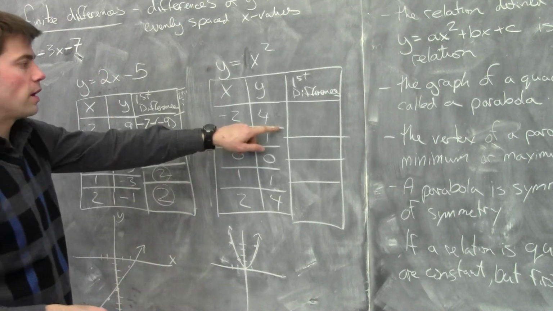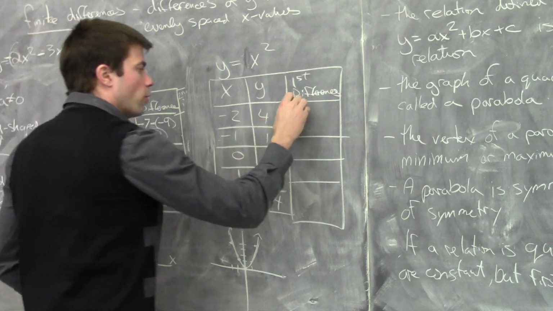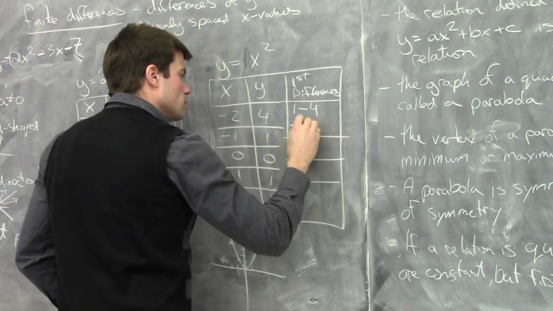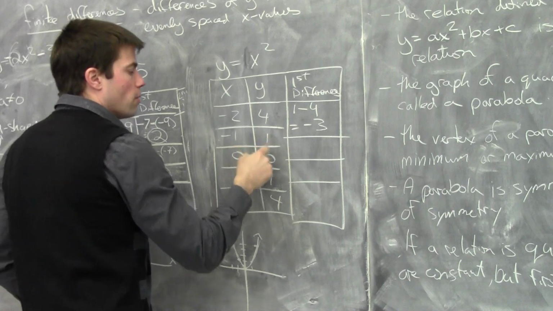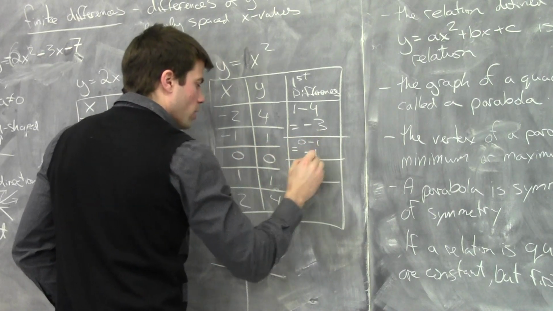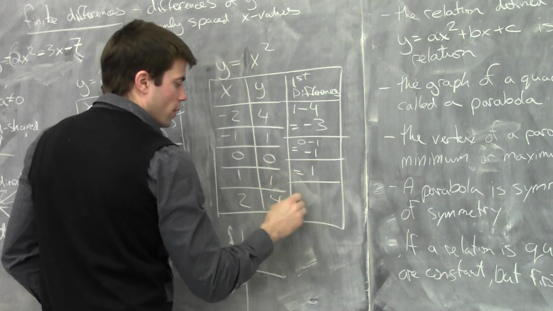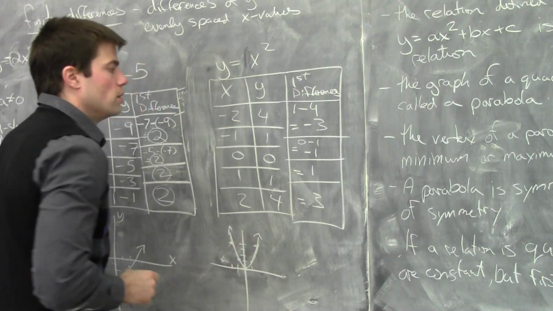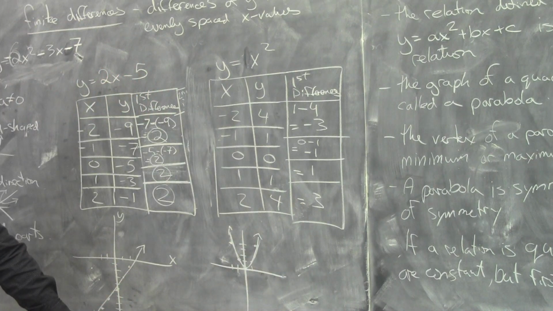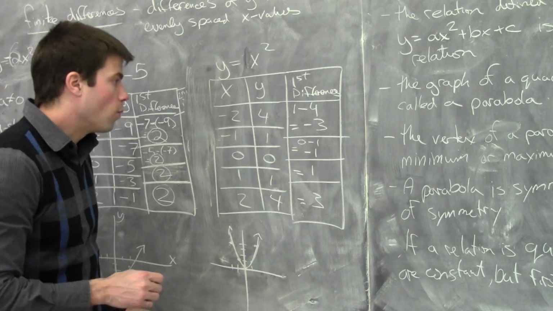So 1 minus 4 is equal to negative 3. 0 minus 1 is negative 1. 1 minus 0 is 1. 4 minus 1 is 3. So we don't have first differences that are the same in this case. They're not the same. We have negative 3, negative 1, 1, and 3.